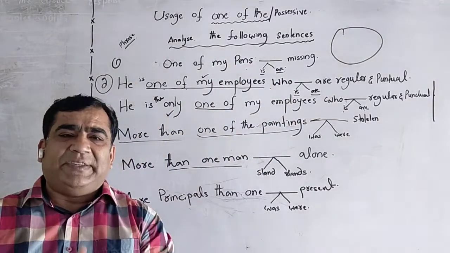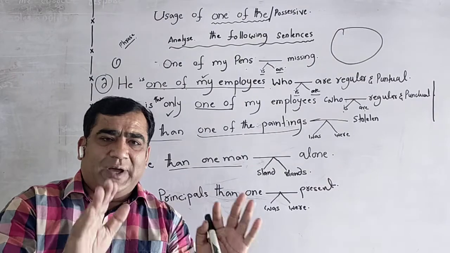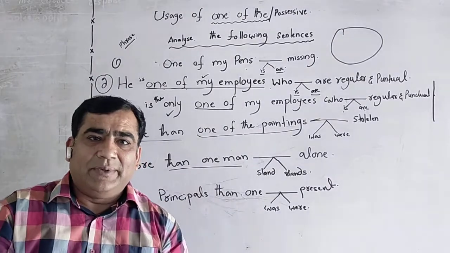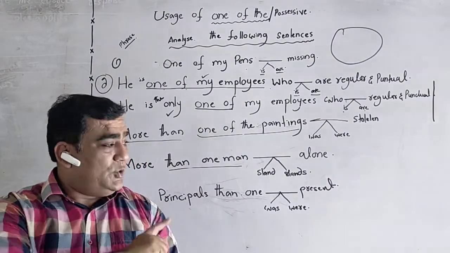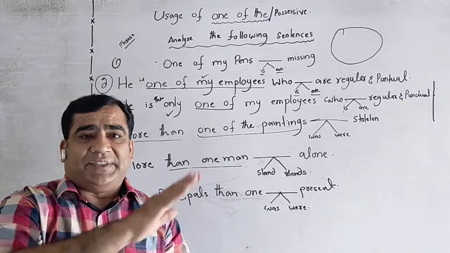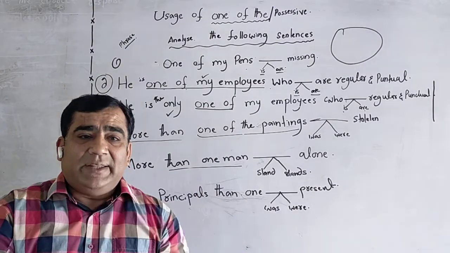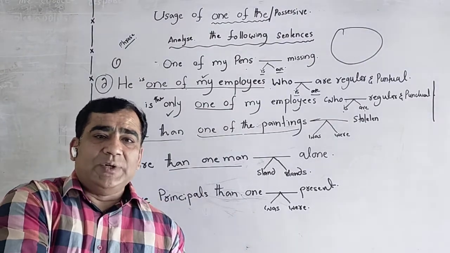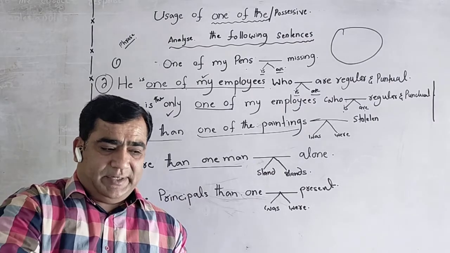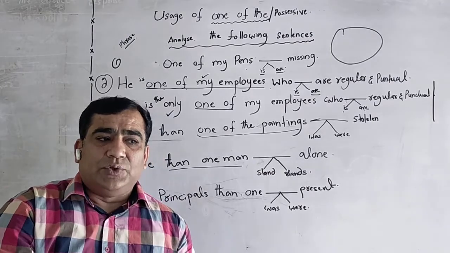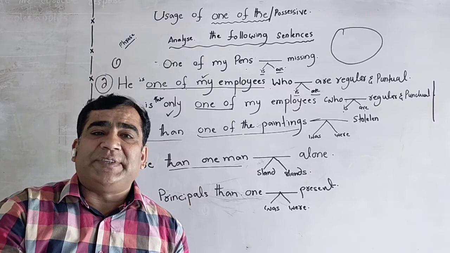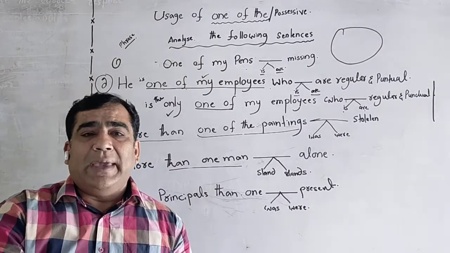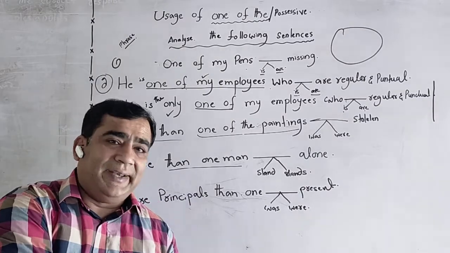Whatever mistake, whatever correction you have done, no problem. But your work is to make completions first. Whenever the rules of subject-verb start, you have to check what mistakes you have made and where in these sentences.